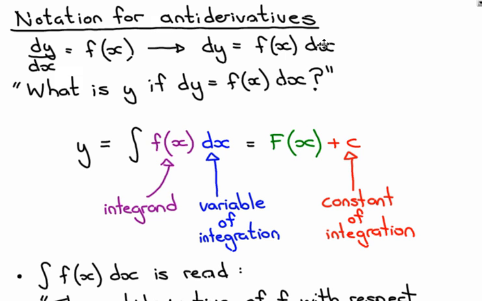It's actually just a really incremental amount. Don't get too hung up on that. Like I said, I'll explain this a little bit more when we've learned to visualize integrals. So basically, we're thinking of timesing both sides by dx, and we end up with dy equals f of x dx. But now, what is y if dy is equal to f of x dx?